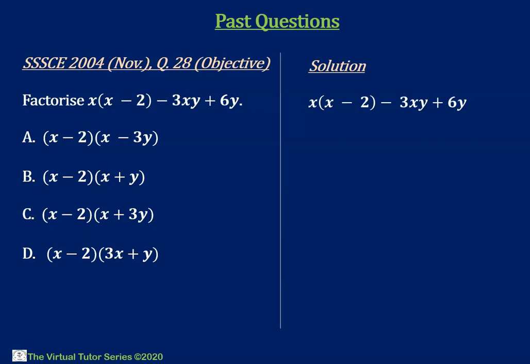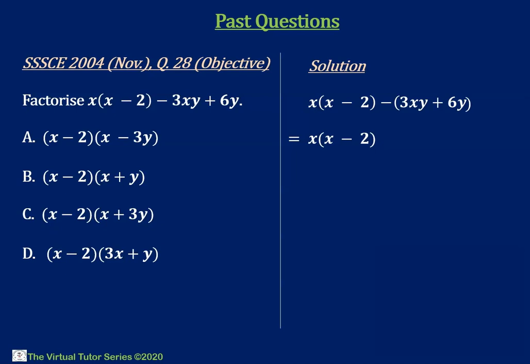The first part of the expression is factorized already. So let's put the last two terms in bracket and factorize that as well. We have x into bracket x minus 2 bracket closed here. The common factor of negative 3xy and 6y is negative 3y.